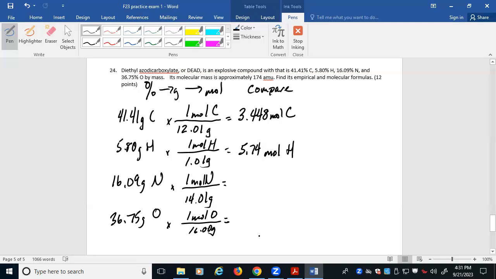Third conversion, 1.148 moles of nitrogen. Last one, 2.297 moles of oxygen.